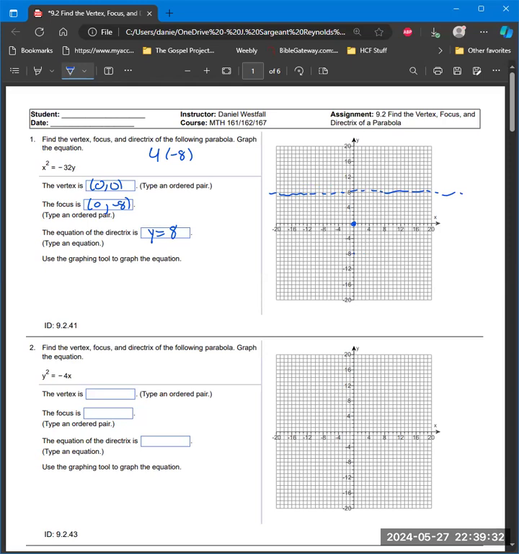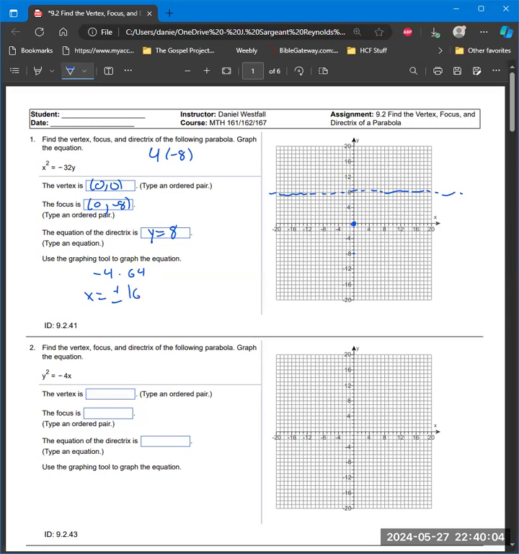And then let's see here, points that are going to be on the latus rectum there, when y is negative 8. So that is negative 4 times a 64. And that gives us 2 times 8, x equals plus or minus 16.